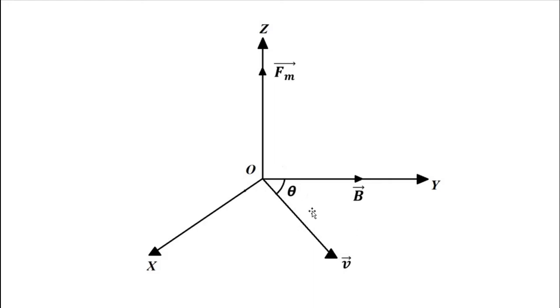It is represented here with the x, y and z axes. The B vector is along the y axis. Then the velocity vector, small v, makes an angle theta with the magnetic flux density vector. They both lie in the xy plane, and the resultant magnetic force exerted on that positive charge is in the direction perpendicular to the xy plane. Why?